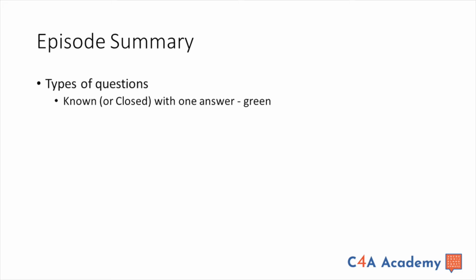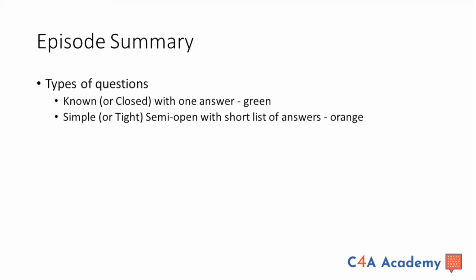In this episode, we discussed the types of questions and how they affect the cognitive motor seesaw. Known questions, also called closed questions, have one answer and are colored green. Simple, or tight, semi-open questions have a short list of answers and are colored orange.